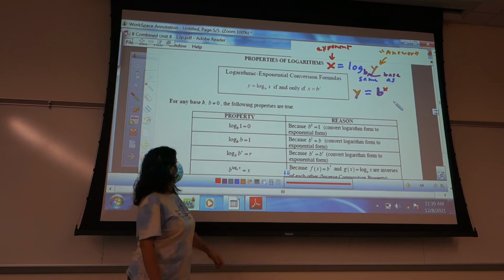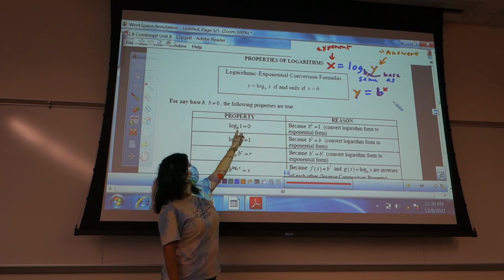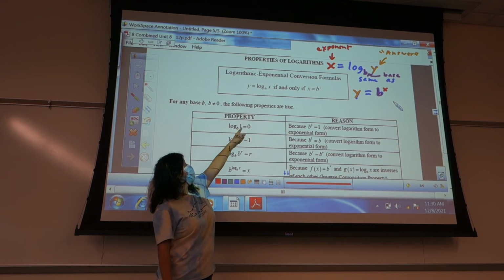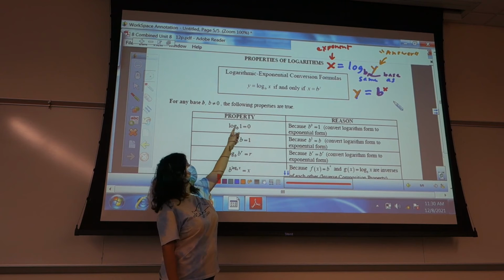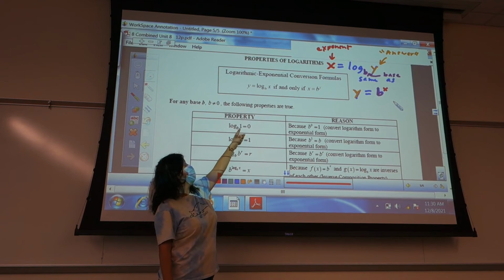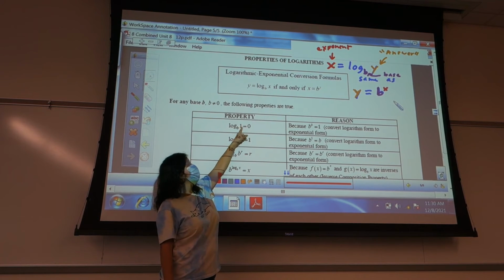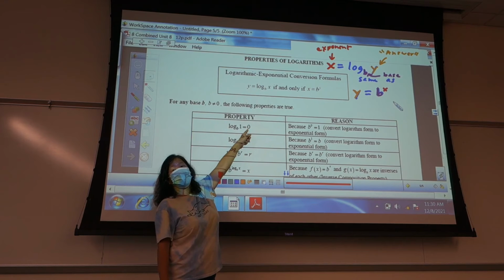B to the 0 gives me 1. So anytime you see log base b of 1, if 1 is your answer, then your exponent has to be 0.